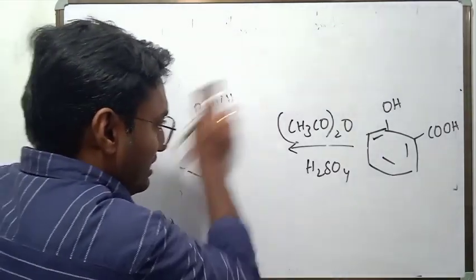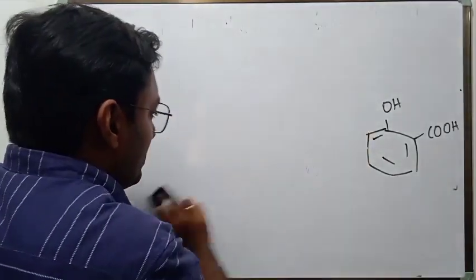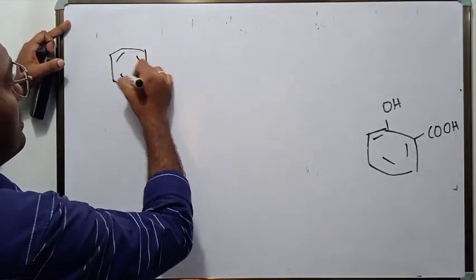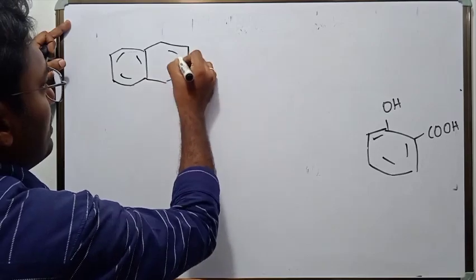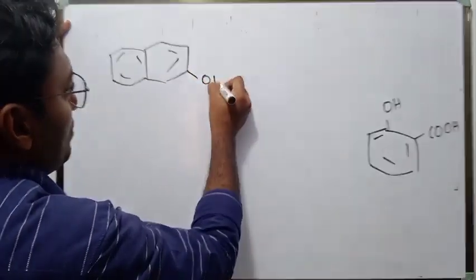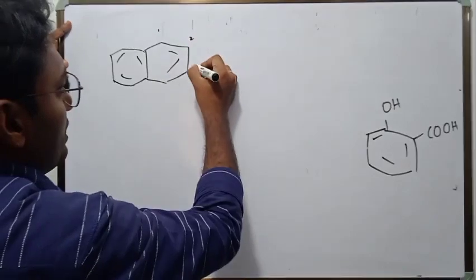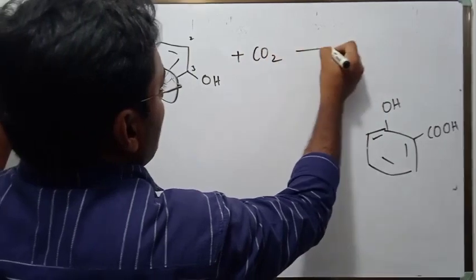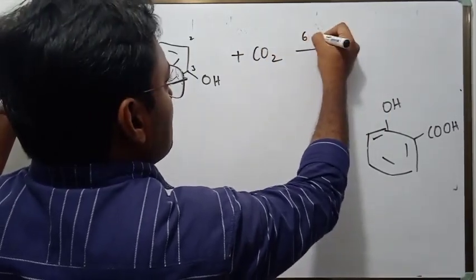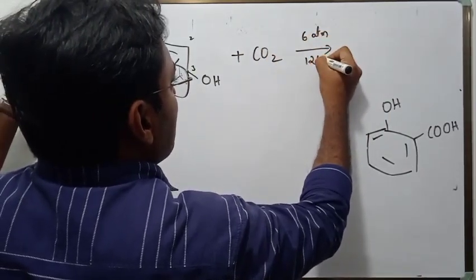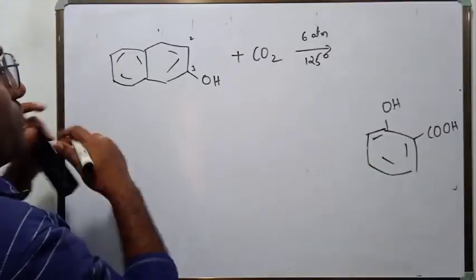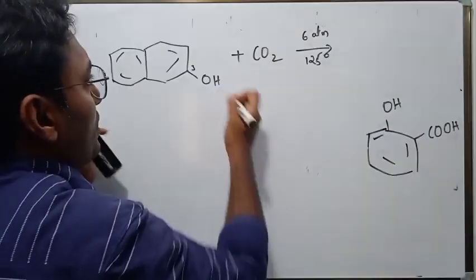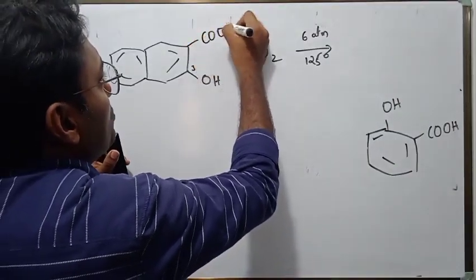The second thing is, see, if you are using, in place of this, 3-naphthol, this is naphthalene, and this is naphthol, this is 1, 2, 3. If you are using 3-naphthol and going for carbonation at same conditions, 6 atmosphere, 125 degrees Celsius, carboxylation will occur and carboxylic acid will be introduced into this position.